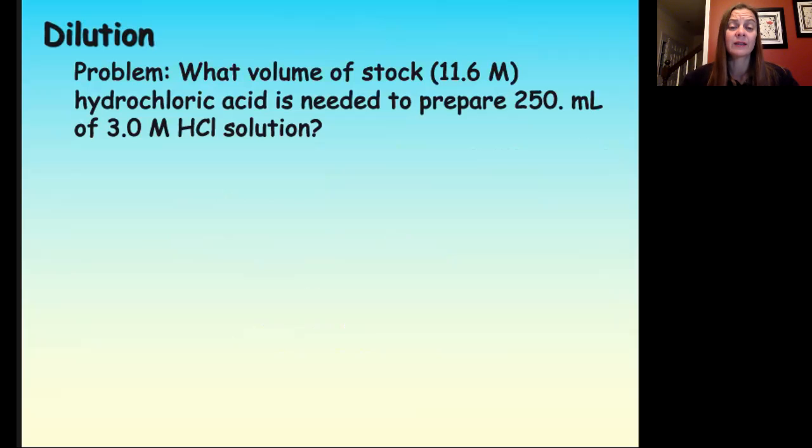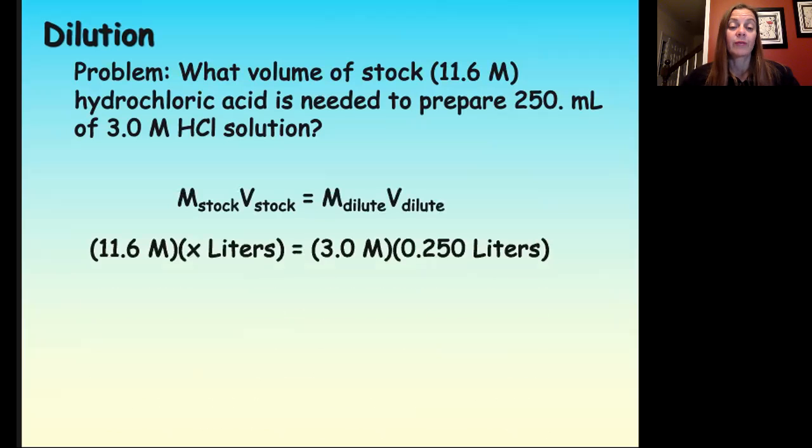So if we want to dilute our 11.6 molar hydrochloric acid down in order to prepare 250 milliliters of 3 molar hydrochloric acid solution, we're going to use that equation. The molarity of the stock solution times the volume of the stock solution will equal the molarity of the dilute solution times the volume of the dilute solution.